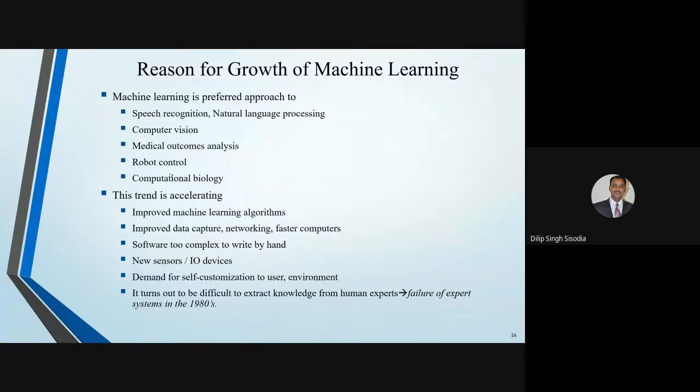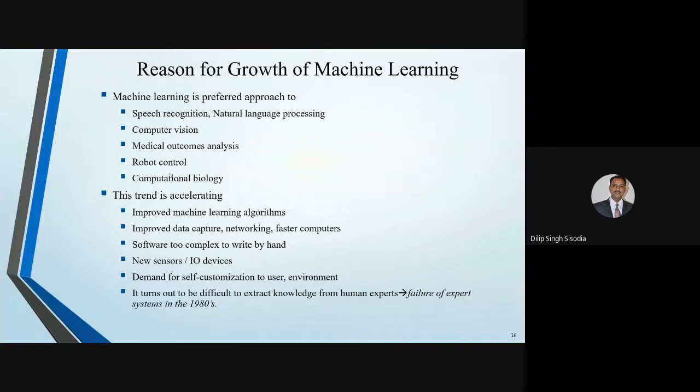Every day we find different algorithms which are more competitive compared to previous ones. Data is essential for a machine learning algorithm to learn, so there is improved data capture, networking, and fast processing. If we gather a large amount of data, how will we process it? Now GPUs, TPUs, and different types of processing platforms are available.